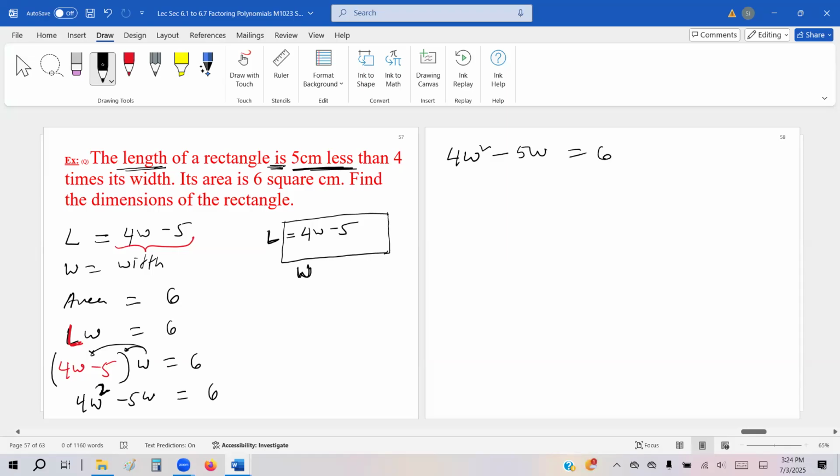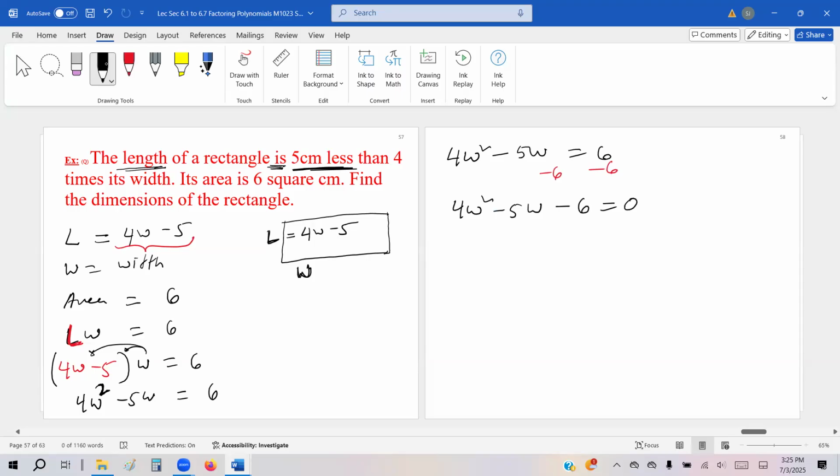From the previous section, what do you think our step now is? Good. We need to bring the 6 from the right side. So 4W squared minus 5W minus 6 equals 0. And now you have so many choices: factor by AC method, weird AC method, trial guess method, or quadratic formula.